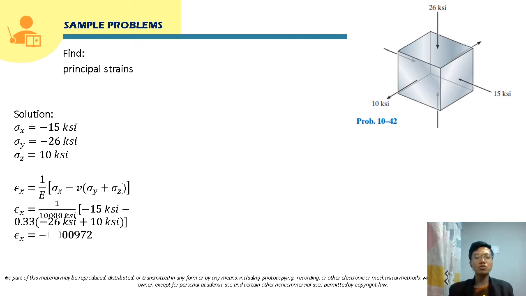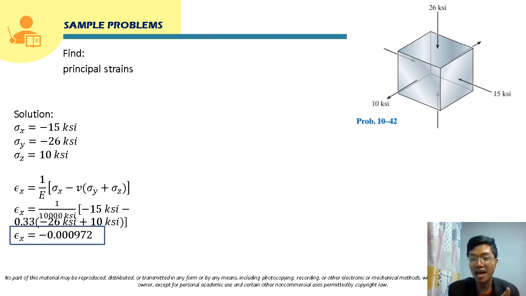Solving for epsilon x, the strain in the x direction, this is negative 0.00097. Since the stress in the x direction is compression, the strain will be a contraction, meaning it will be shortened. This is already the answer for the strain in the x direction.